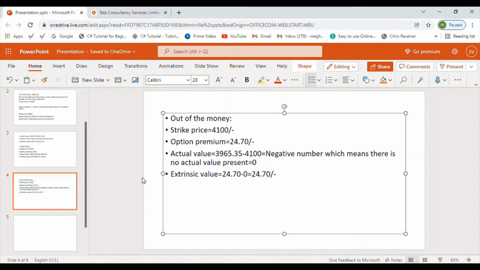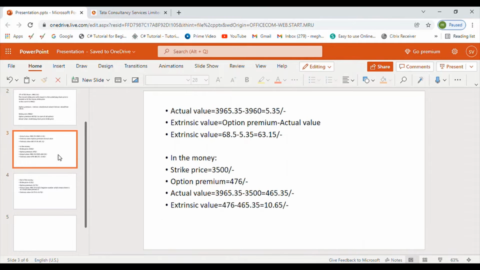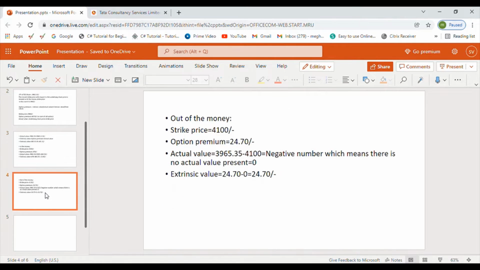So from this example, what we understood is, when we go for in the money, we are actually trading on something which has some value on it, but when we are going out of the money, we are trading on something which has no real value on it.